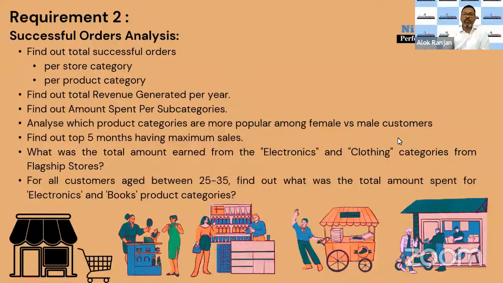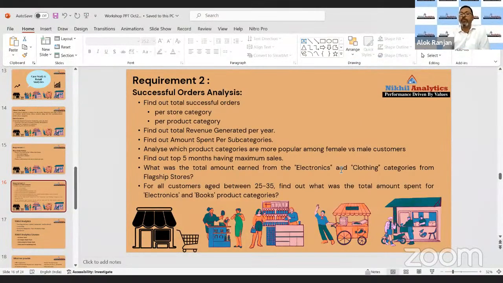So let's start. The first step is installing Power BI. How to install Power BI? Power BI is not a free tool, it is a paid tool. We have to pay almost 50,000 rupees to Microsoft to buy the Power BI product. But they have given us a learning application.